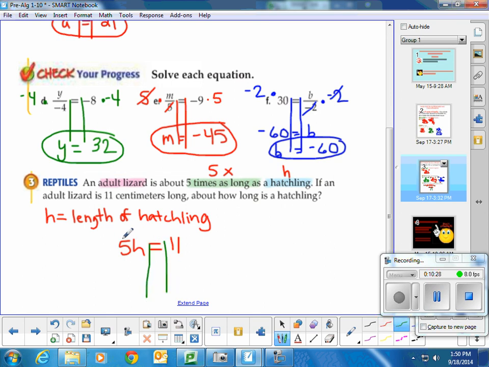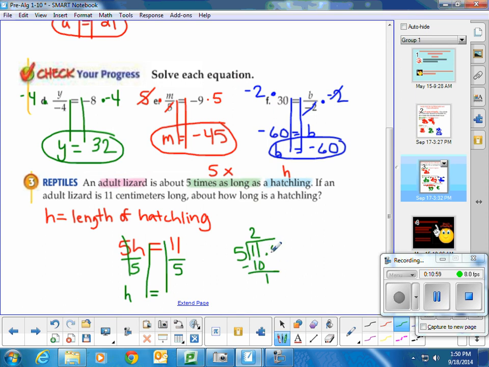This is a multiplication equation. You're going to undo the multiplying by dividing both sides by 5. 5 divided by 5 is 1, and 1 times h is h. On the other side, if you don't know what 11 divided by 5 is, then we're going to go do some long division. 11 divided by 5. 5 goes into 11 2 times, which is 10. Subtract, you get 1.